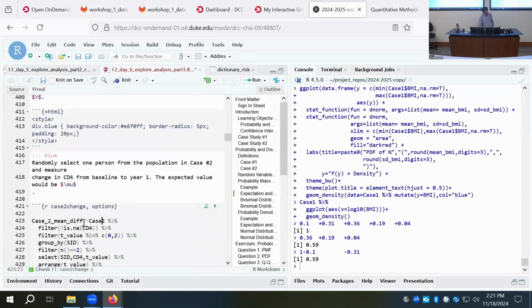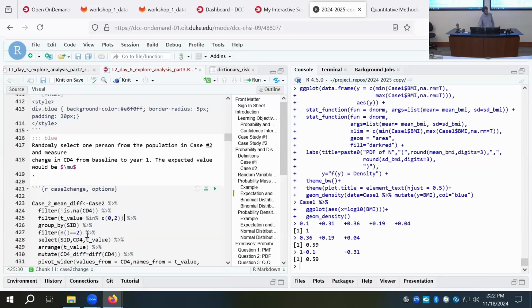All right, so we're going to take this case 2. We're going to filter and drop those that are missing. We're going to just take the time points 0 and 2. So I think I did year 2 here. And we're going to group by SID, filter to where they have 2 values, so they have to have both a time 0 and a time 2.